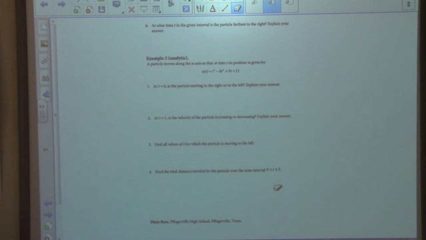Find the critical numbers and use those numbers to analyze and so forth. Yeah, I want you to go through 3, and then we'll talk about number 4, which is the total distance. Or if you get through 3 and can start working on total distance, that's fine too.